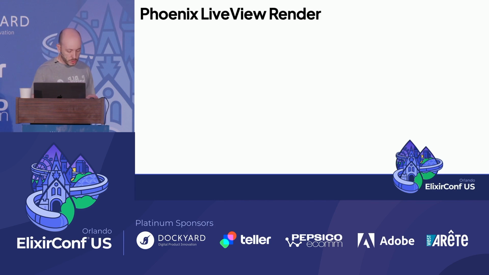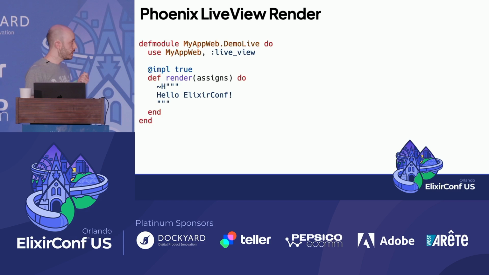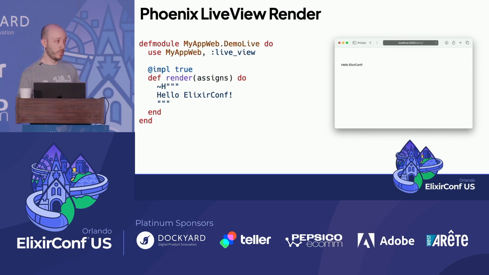All right, so the question is how Beacon works under the hood. And to understand Beacon, we need to understand how LiveView render works. And here we have a simple LiveView, which is going to render this page, as you can expect.